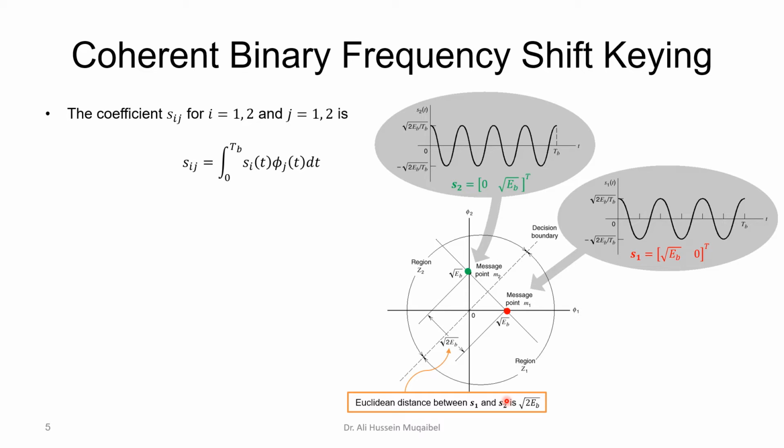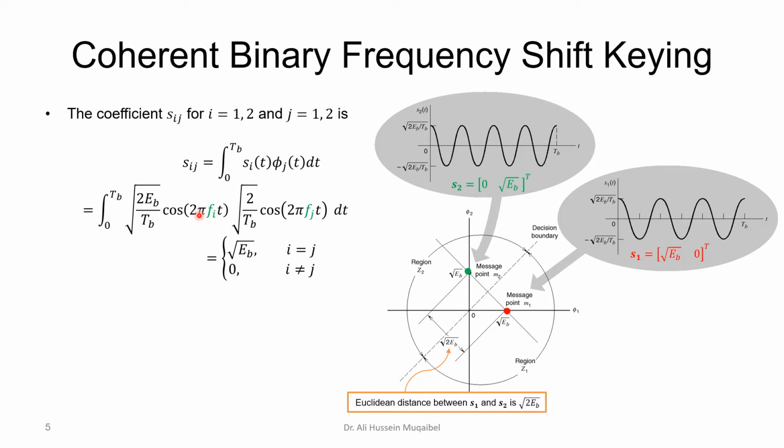If you want to get the vectors, you project the signal on the basis, and of course you get what we had before: square root of Eb. We can do it in detail, but that's obvious because we already selected the basis functions to have normalized energy. So they look similar. You can do that for the second signal also.